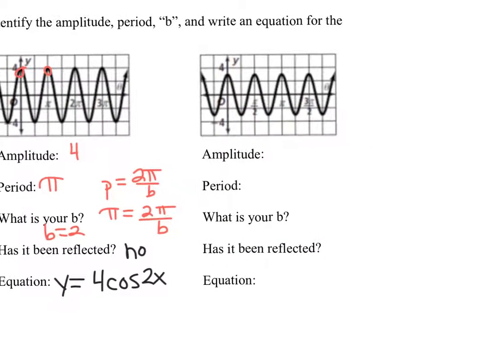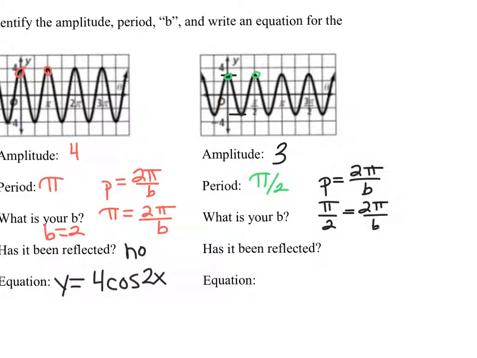Okay, the third one, amplitude, going up 3, down 3, so 3. The period going from here to here is pi over 2. So what is our b? Remember we have to do period equals 2 pi over b, and we know the period is pi over 2.